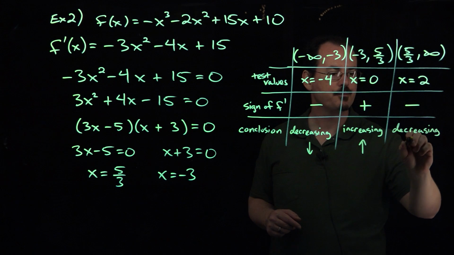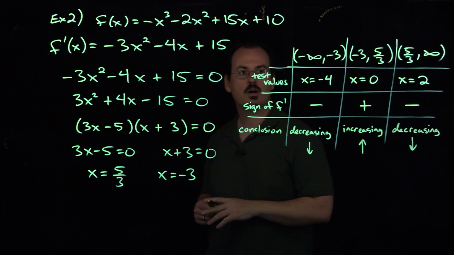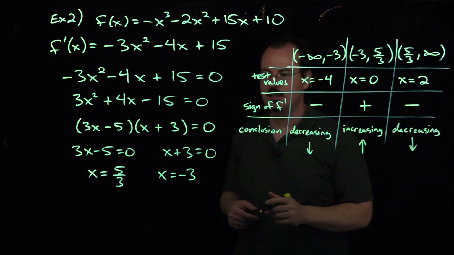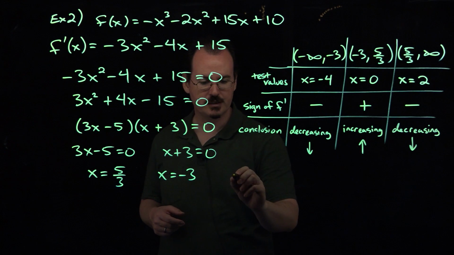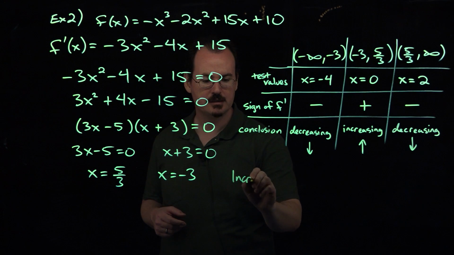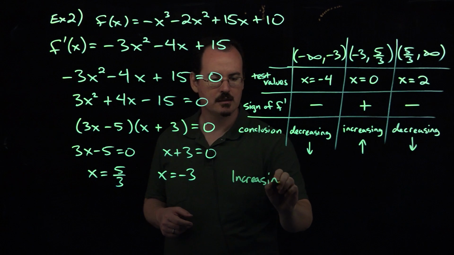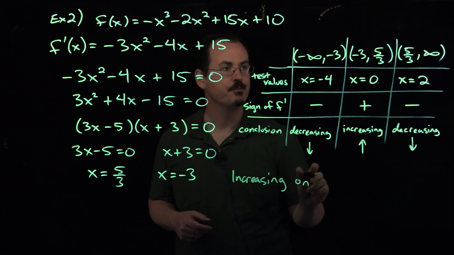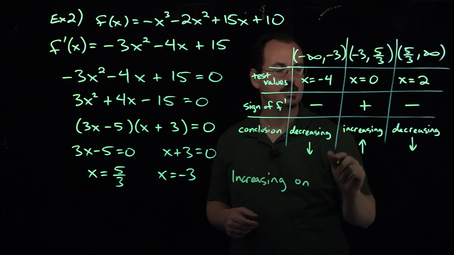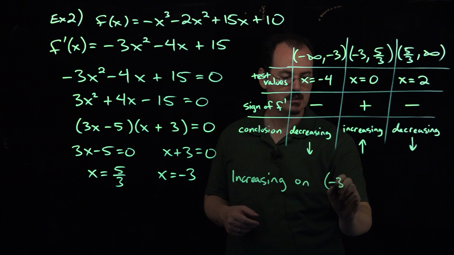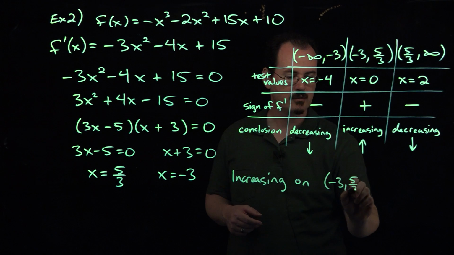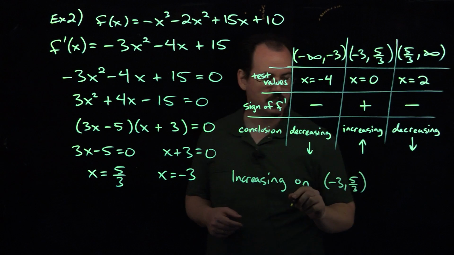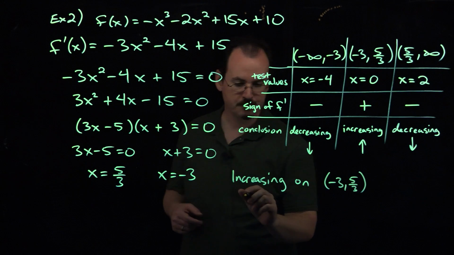So really, this answers the question. The question was, on what intervals is the function increasing and where is it decreasing? So what we can say is it's increasing on the interval from -3 to 5/3. Now, remember, this is not a point. This is an interval notation. It's increasing on that interval.